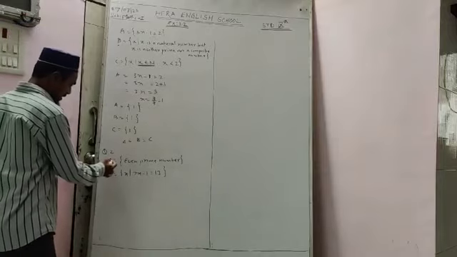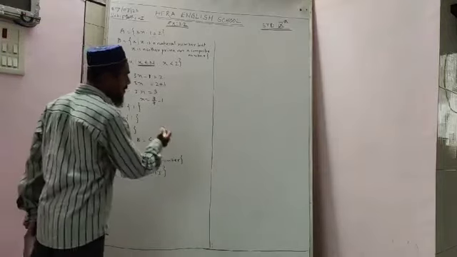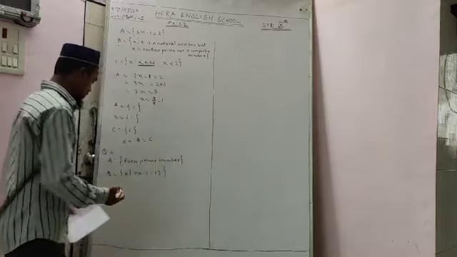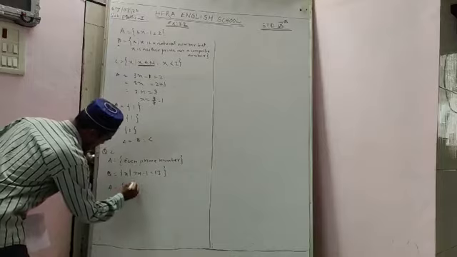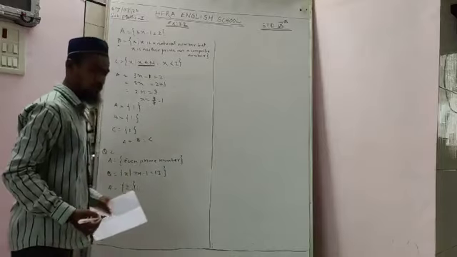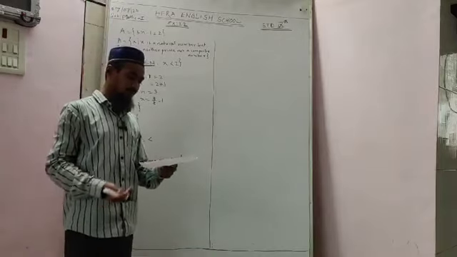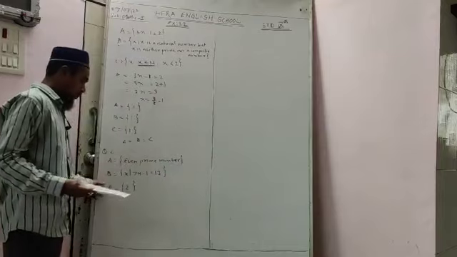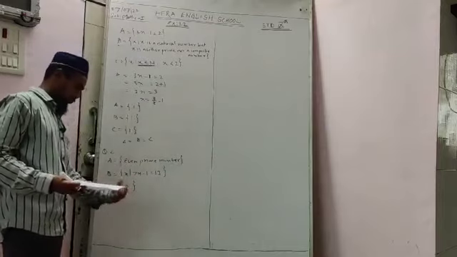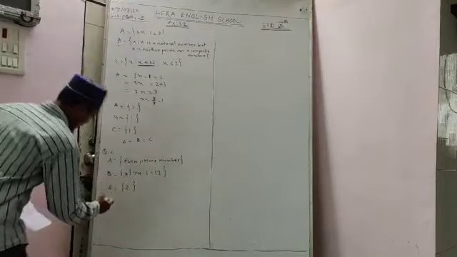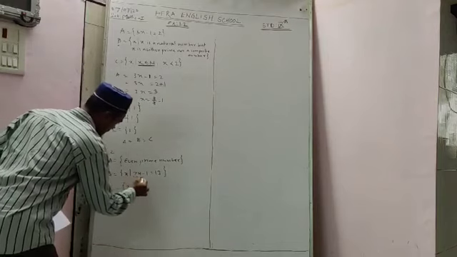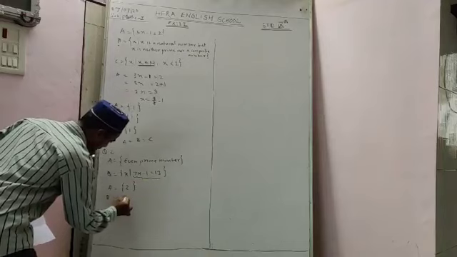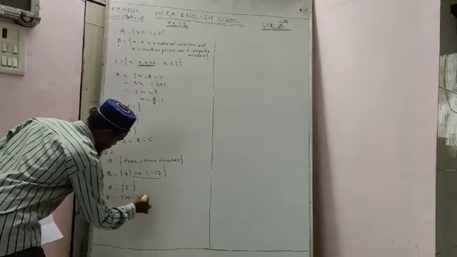Okay, here in set A we have even prime number. You know very well there is only 2. The 2 is the even and prime number, means set A has only one element, that is 2. Okay. Now in set B we are given the statement here: 7x minus 1 equal to 13.